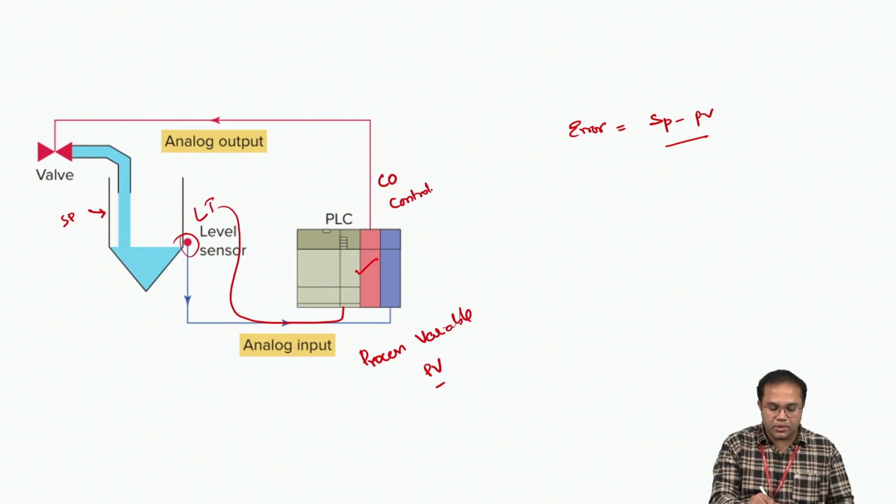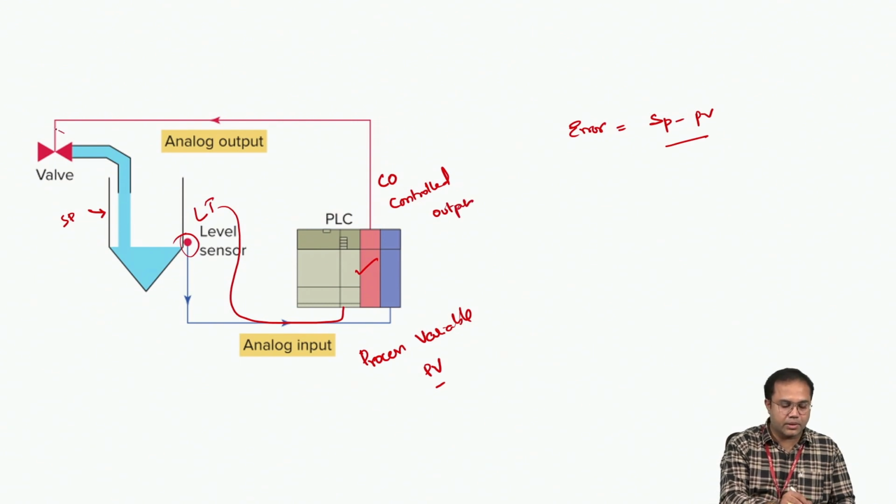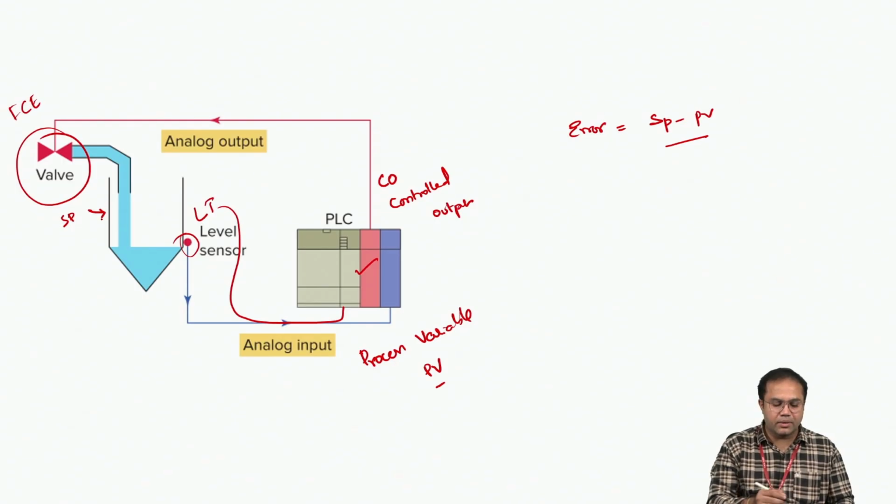This output is given to the final control element. Here the final control element is the valve, a control valve. Basically we use an I to P converter, because valves operate with a pneumatic signal, and the controller doesn't provide a pneumatic signal.